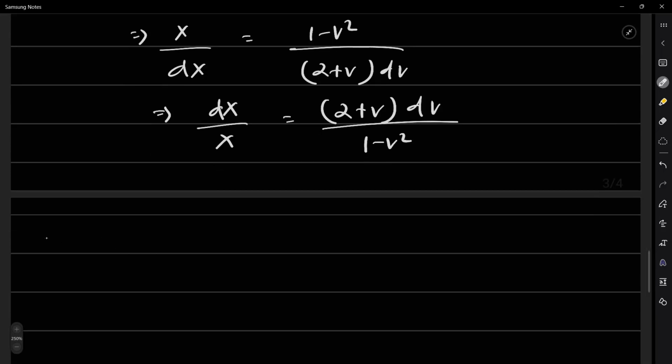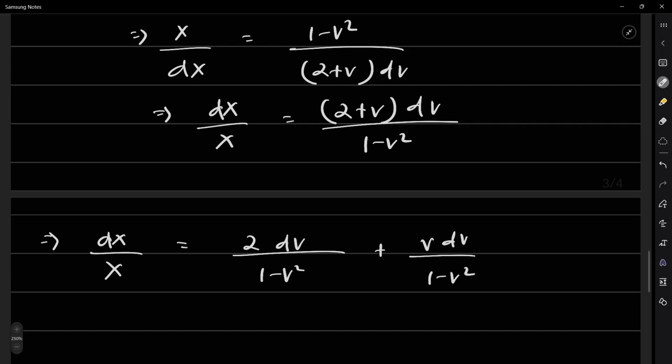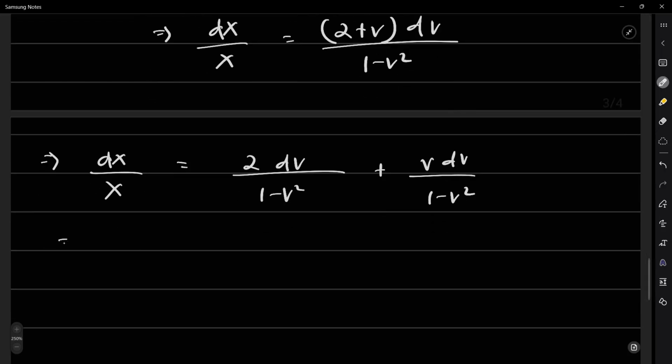So we can also write this equation as 2 dv by 1 minus v square plus v dv by 1 minus v square, right? So integrate both sides.